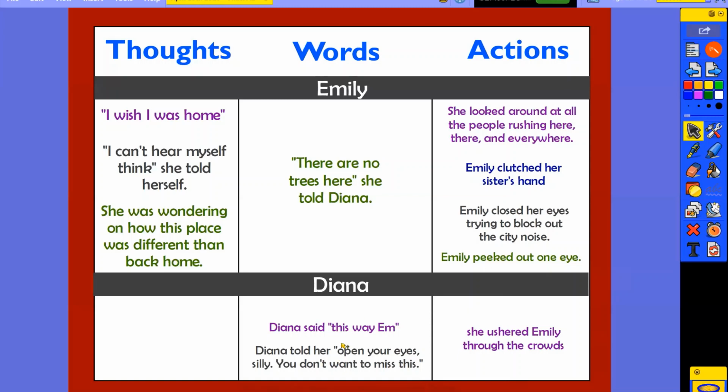But Diana, on the other hand, was excited by the way she was talking. She said, "This way, Em," and "Open your eyes, silly. You don't want to miss this." It shows that she's excited about New York, unlike her sister who was scared and did not like the noise. And of course, she was ushering her sister through the crowd. It means she was helping her sister. She was taking care of Emily.